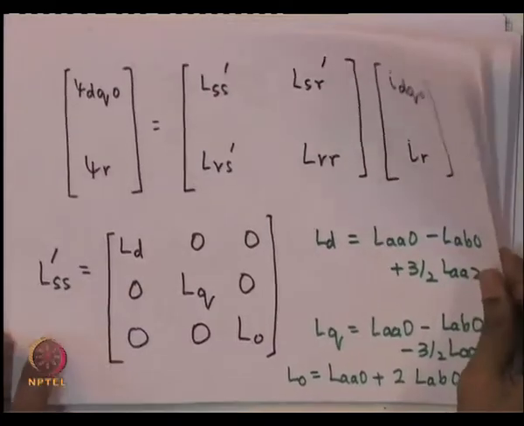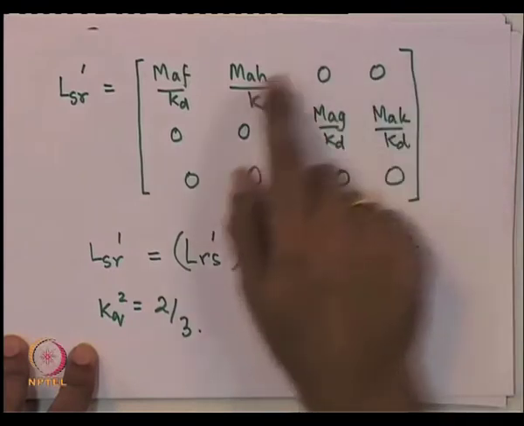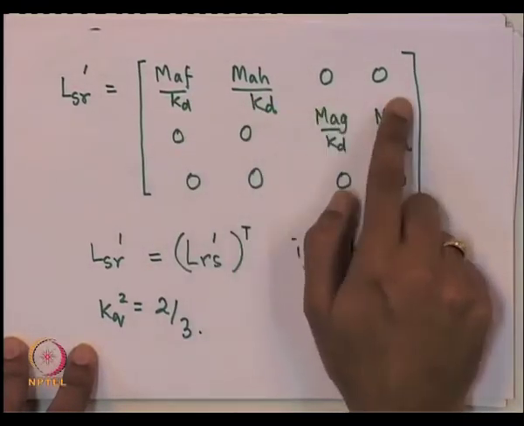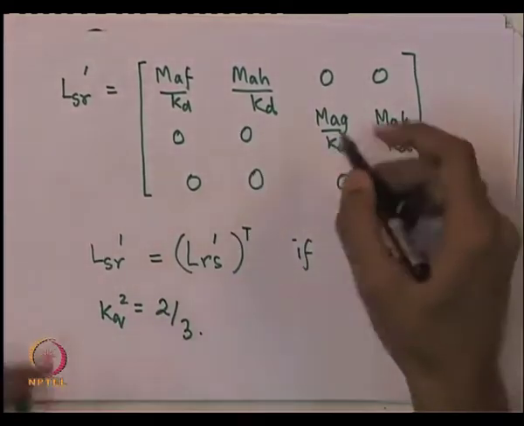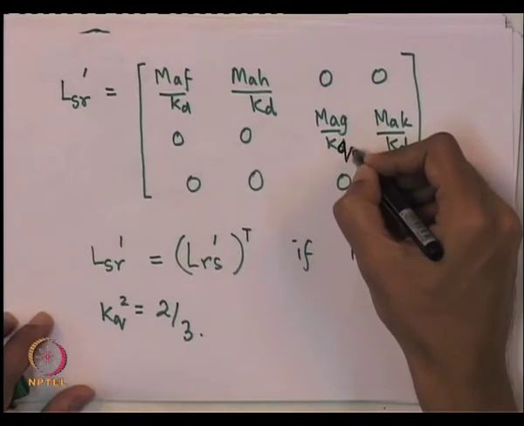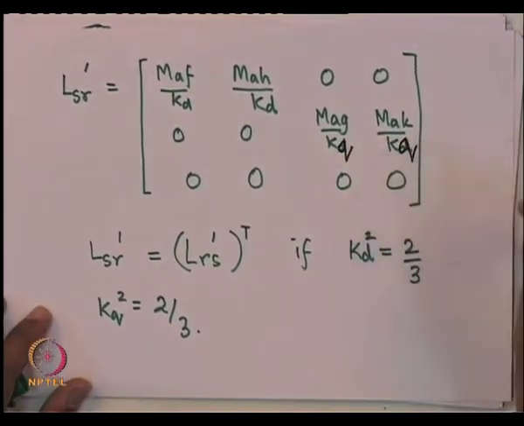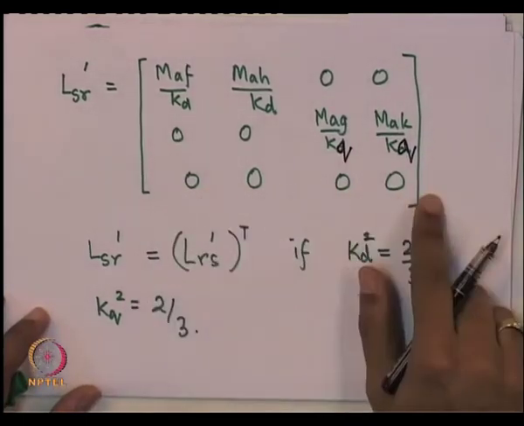In fact, LSR dash is MAF by KD, MAH by KD, 0, 0, 0, MAG by KQ, and MAK by KQ, and the last row of course is 0.